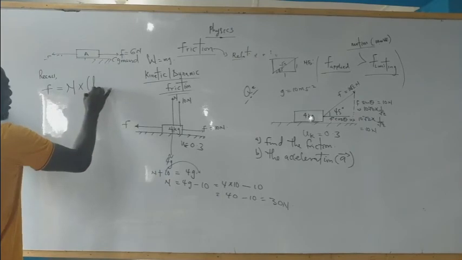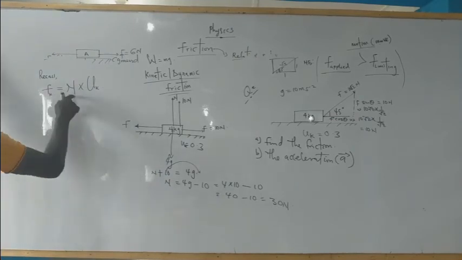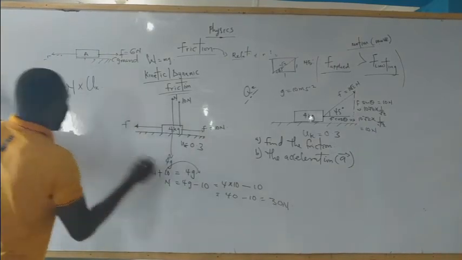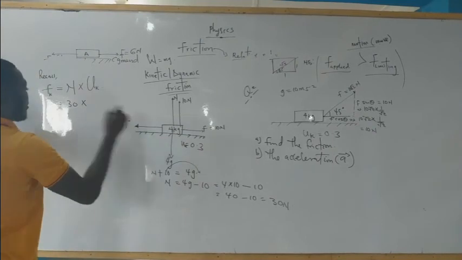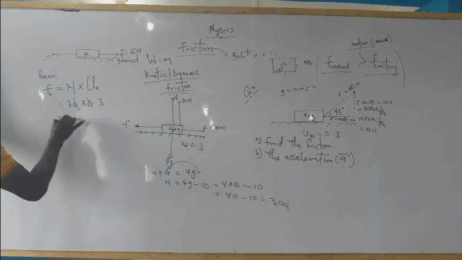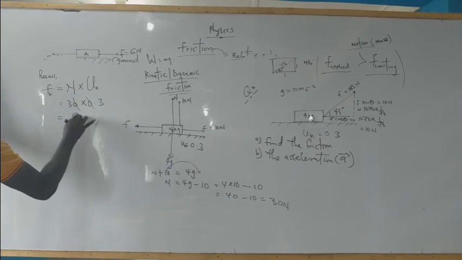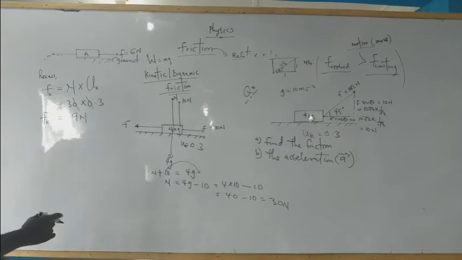What's the normal reaction? N is 30. 30 times 0.3, that's 3 times 3, that's 9.